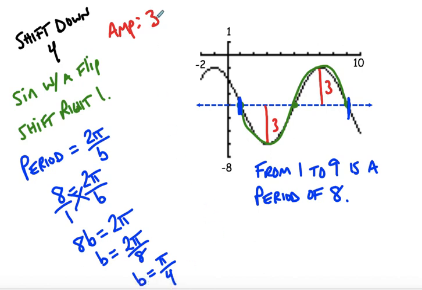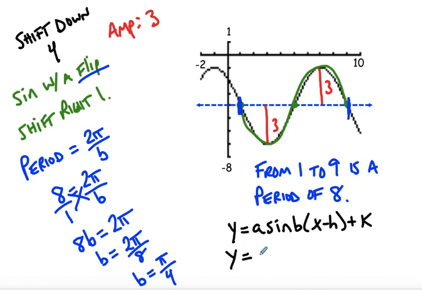So we have our a value, we have our b value, we have a shift down and a shift right, and also a flip. So if we go to write our equation, it would be, let me get the general version written here.